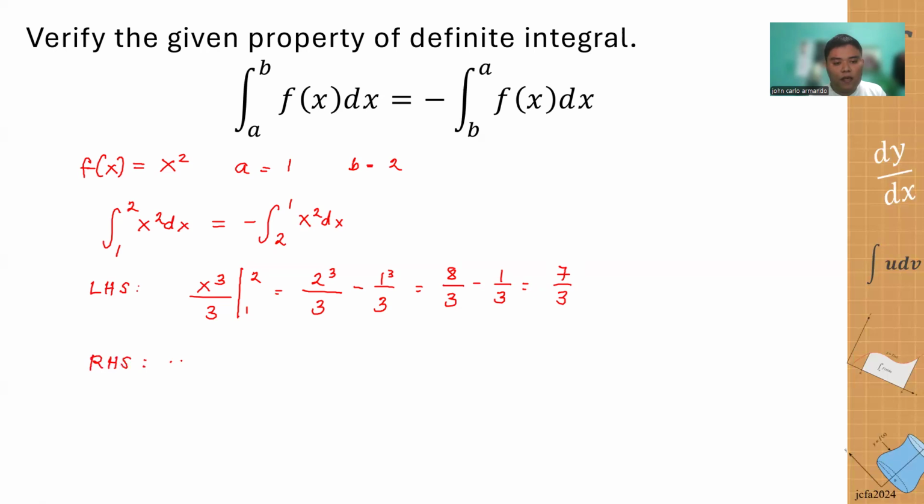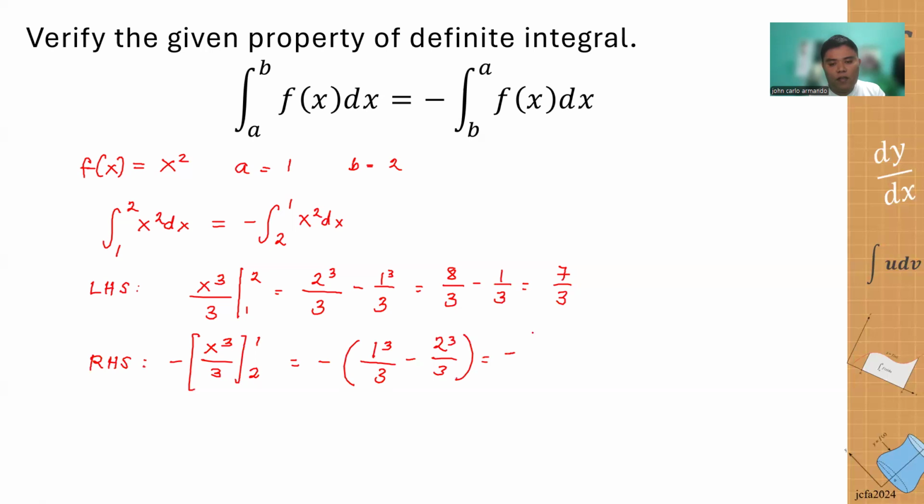Okay? How about for the right side? That's simply the negative of the integral. So we have x cubed over 3 evaluated from 2 to 1. And that is equal to negative, 1 cubed over 3 minus 2 cubed over 3.